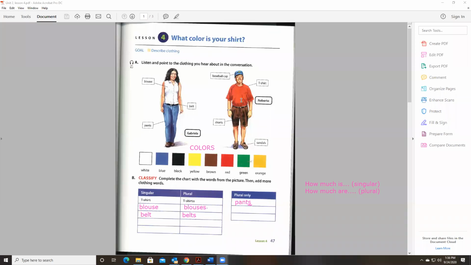Okay. Now let's look at Roberto. All right, let's start with his baseball cap. Is that singular or plural? It is singular. That is correct. Okay, in order to make it plural, you simply add the S. Baseball caps.